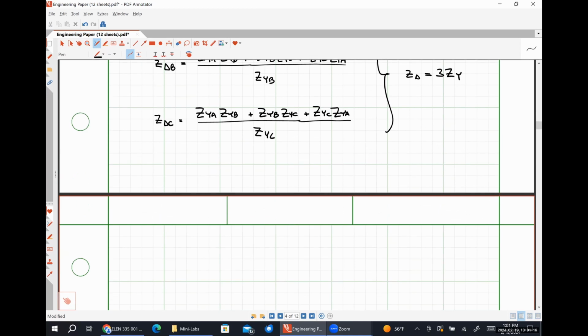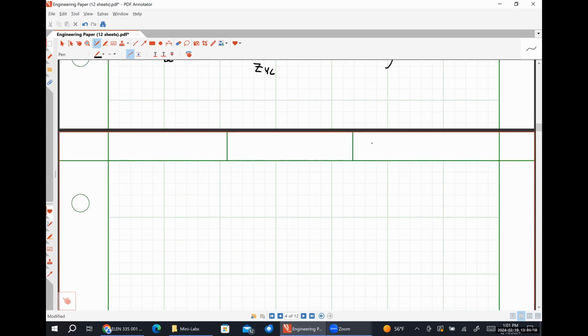Going the other way around, much to no one's surprise, hopefully, we're going to divide by 3.